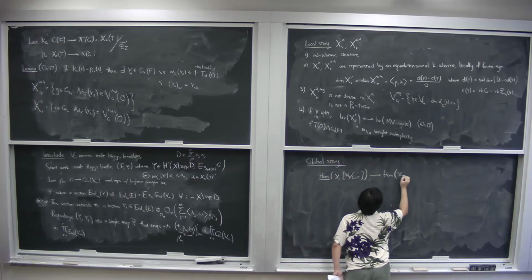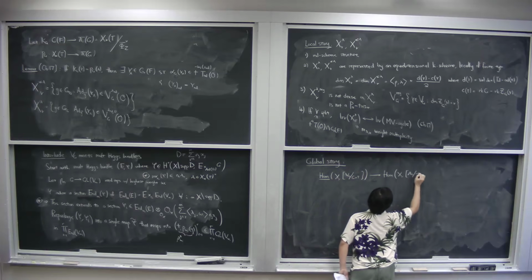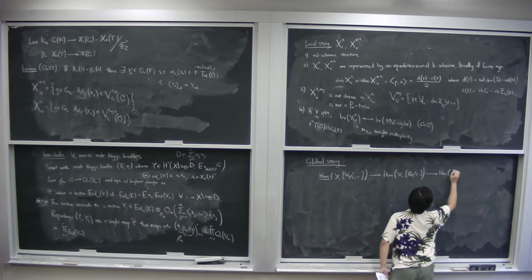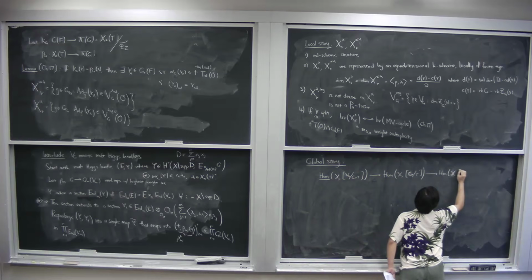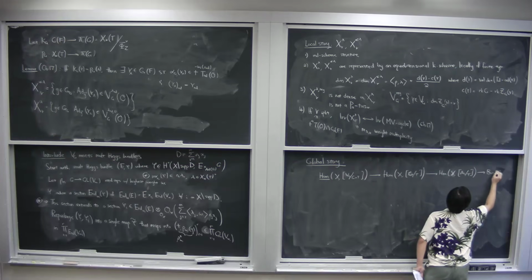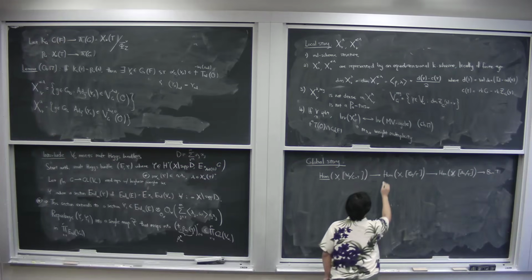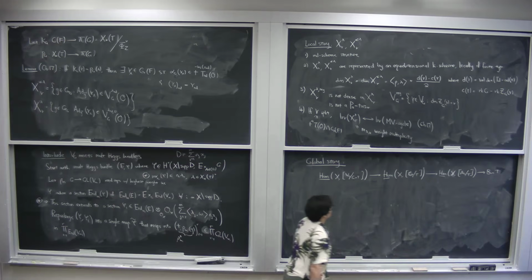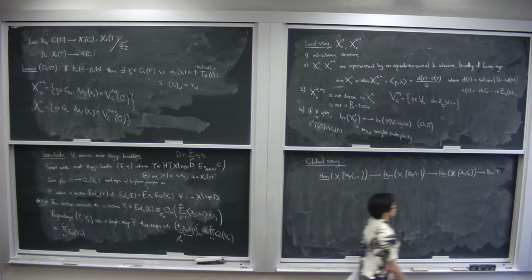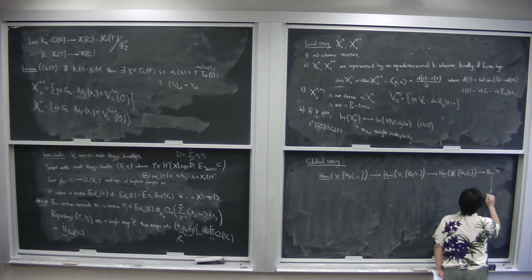Oh, my apologies, this should be G plus. So you can consider the series of mapping stacks, and there is a map from Bun_T to Bun_T^ad. Actually, no, we don't have time for this.